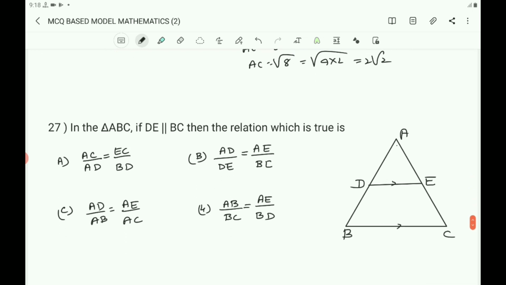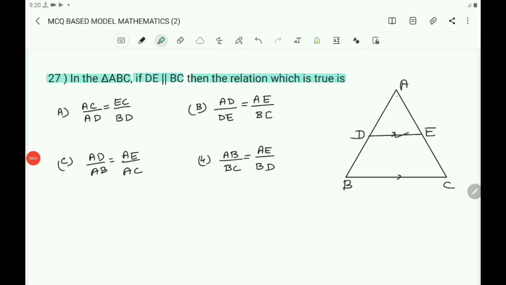Next, let us take the question number 27. In the triangle ABC, if DE is parallel to BC, then the relation which is true is. What is given here? In triangle ABC, DE is parallel to BC.